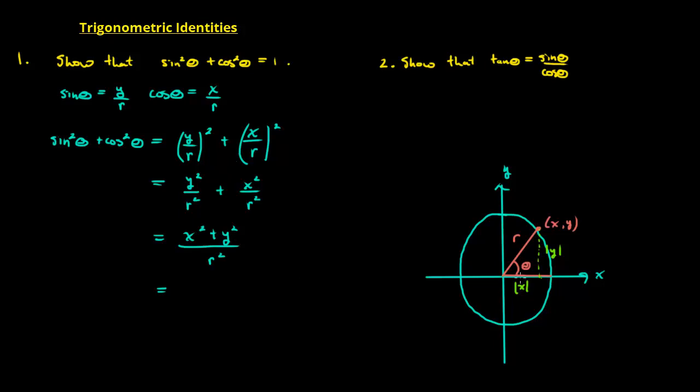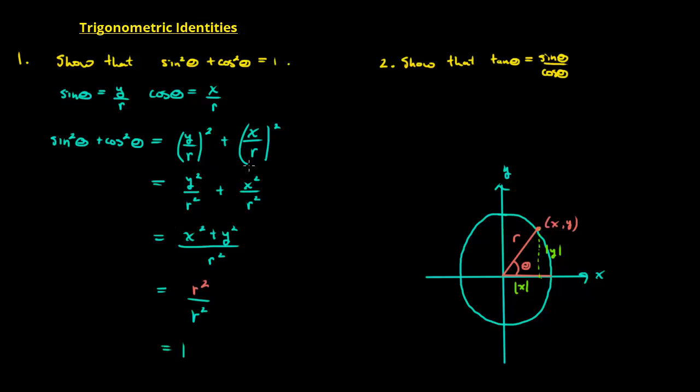And of course, this is using the Pythagorean theorem. x squared plus y squared is equal to r squared. So I can replace x squared plus y squared with r squared, and what I'm left with is r squared over r squared, which is, of course, 1.